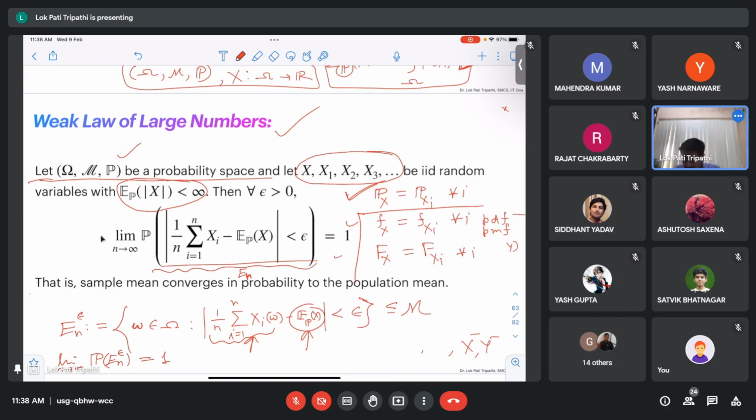The next, okay, any doubt in the notation? Because here the notation is very strange, I don't know what I should remove.